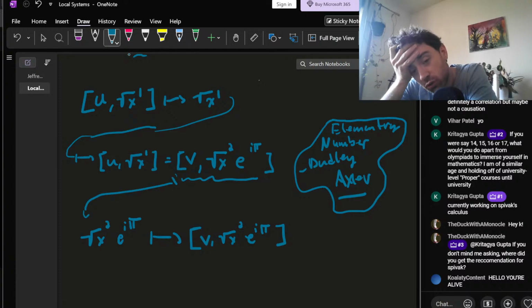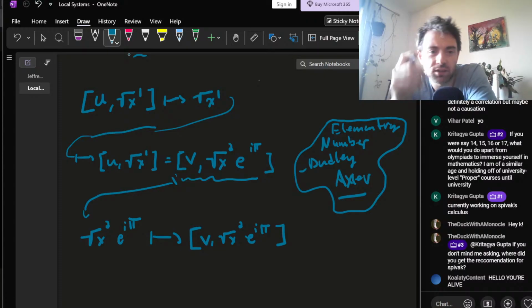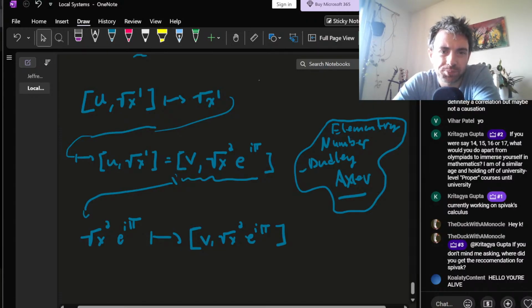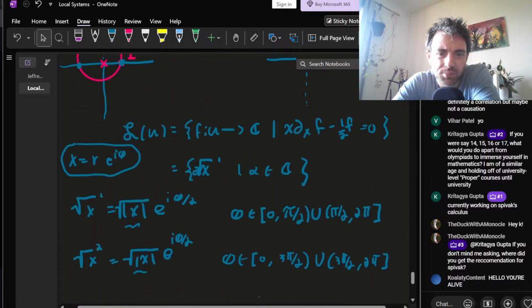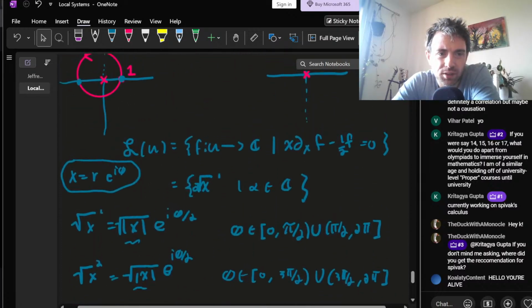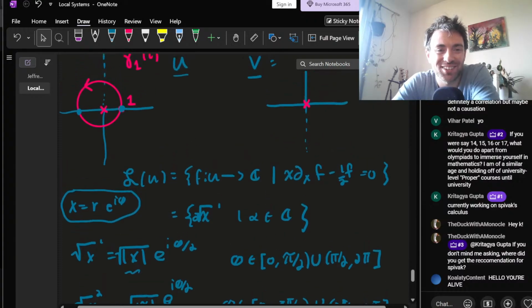Oh, now I'm confused, because now I want to reconvert this to the first square root, but that makes me think that my e to the i pi will disappear. And I don't want that to happen, because I already know what the answer to this should be.